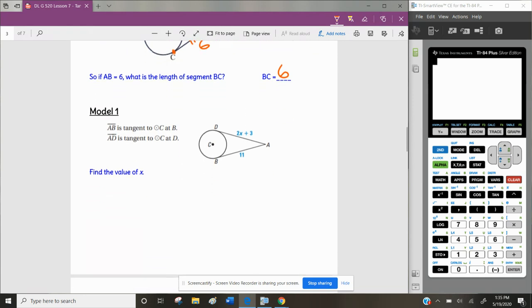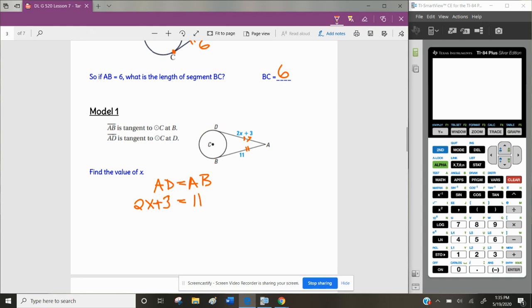So we're going to apply this. AB is tangent to circle C at B, and AD is tangent to circle C at D. So what does that tell us? That tells us that these two tangent lines are equal to one another in length because they are both drawn to the same circle C from the same point A. So we know AD is equal to AB, and using that information, we can set up an equation.